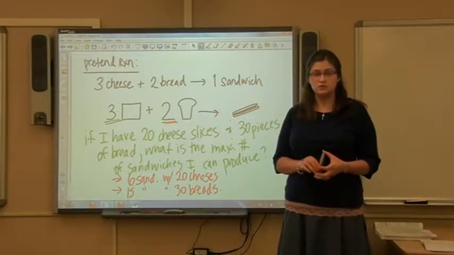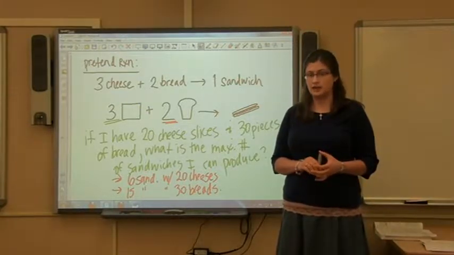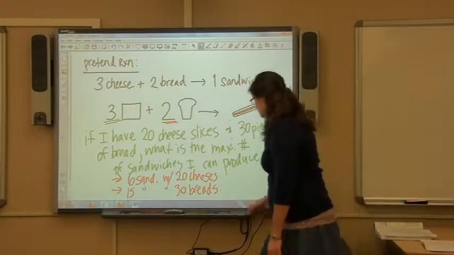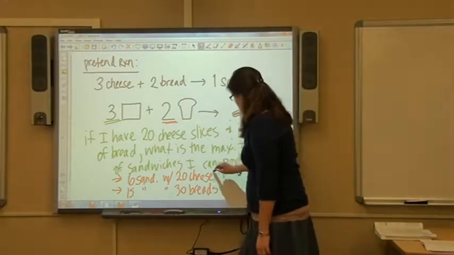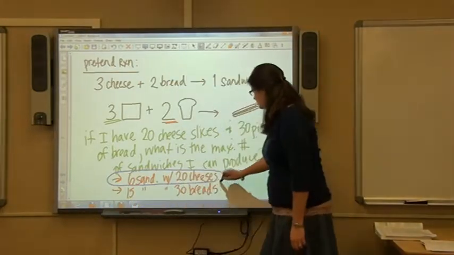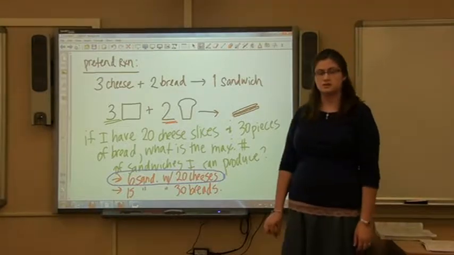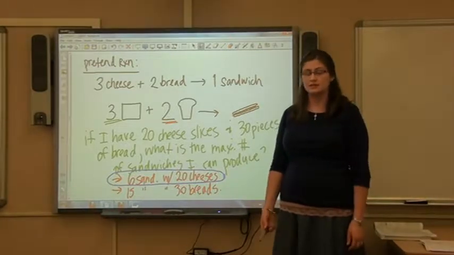That means that the most sandwiches I'm going to get with these starting materials is 6. So the answer to my question is, with 20 pieces of cheese and 30 slices of bread, I can only make 6 sandwiches.